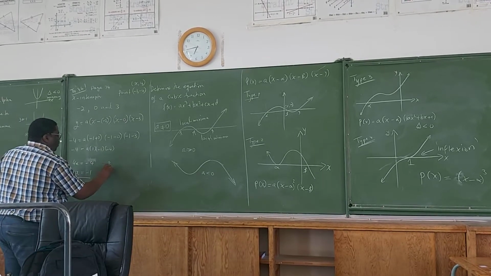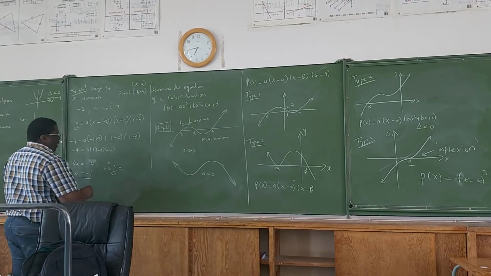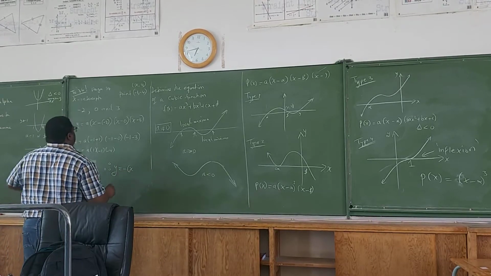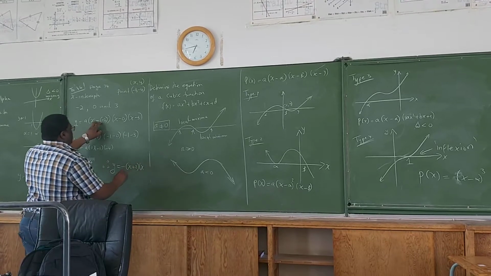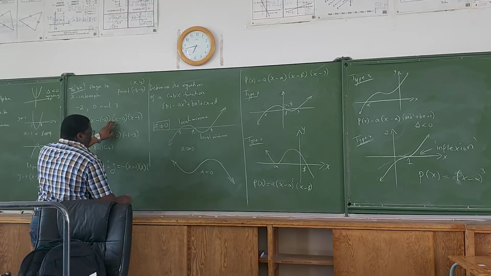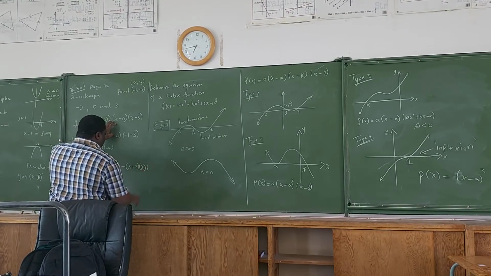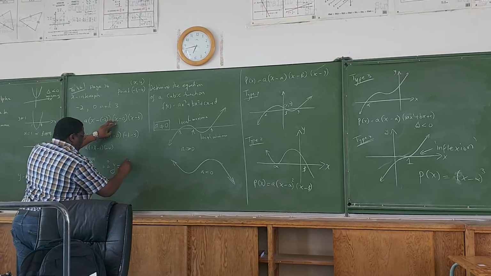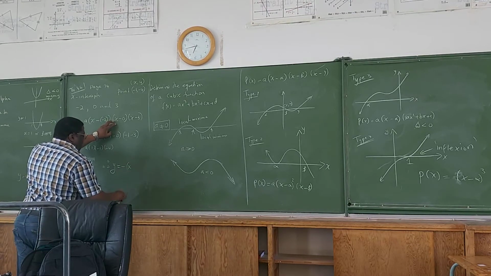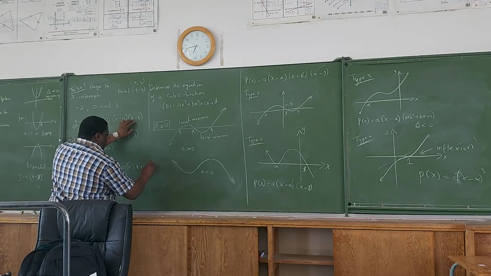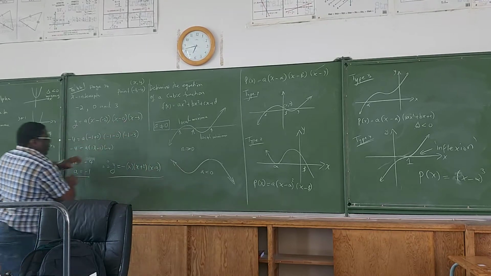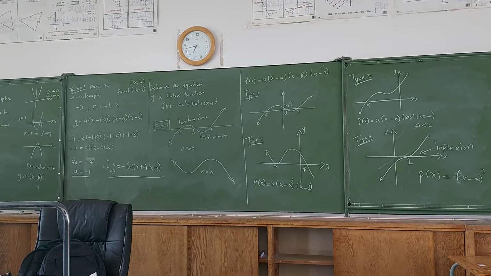So therefore, the equation is y equals negative x, you come back here, plus 2, x. And then, looks weird. Let me put the other one first. Then x plus 2. Then that equation is done. Okay.